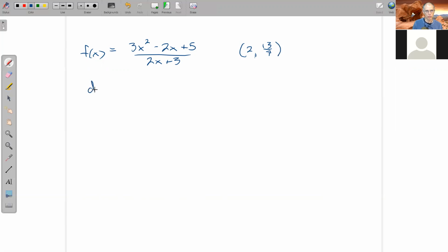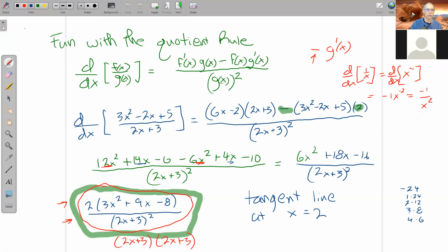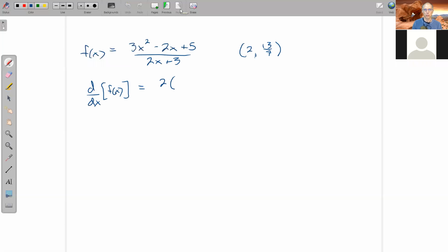We know the derivative with respect to x of our function is 2 times 3x squared plus 9x minus 8 all over 2x plus 3 squared. And this is kind of a weird notation. Oh, I guess I could just write it this way instead.